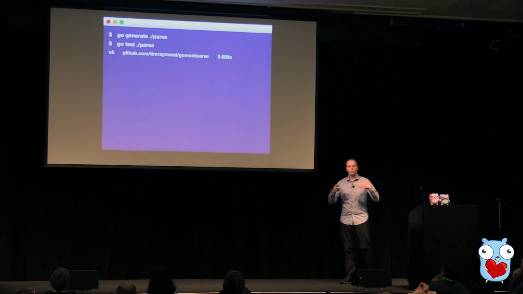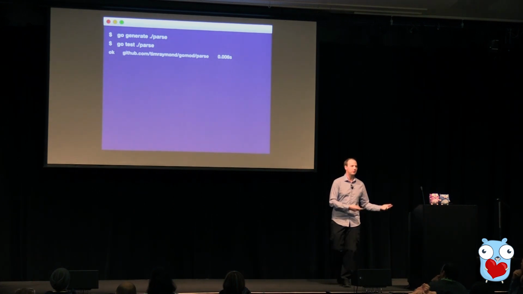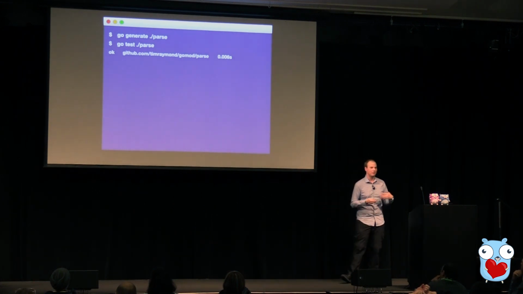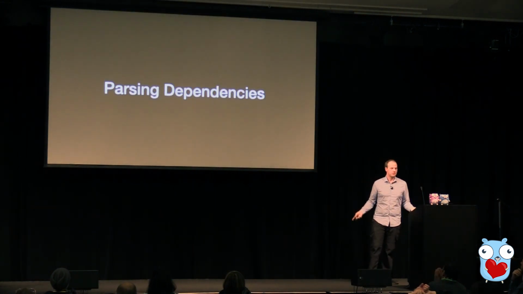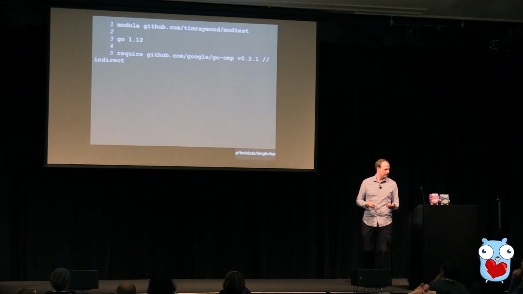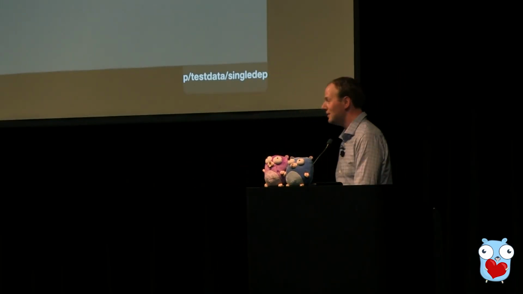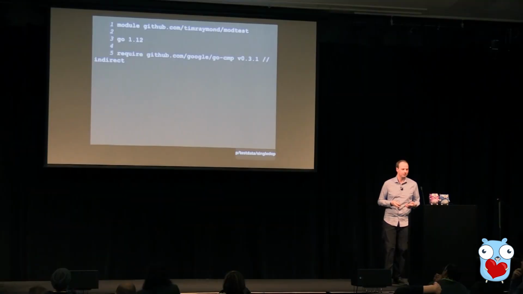So now we can push this a little bit further. We want to parse dependencies. Ultimately, we want to understand the dependencies of our application. To do this, we first need a go.mod file that has a dependency, and it will have this require directive here with the name of another module.